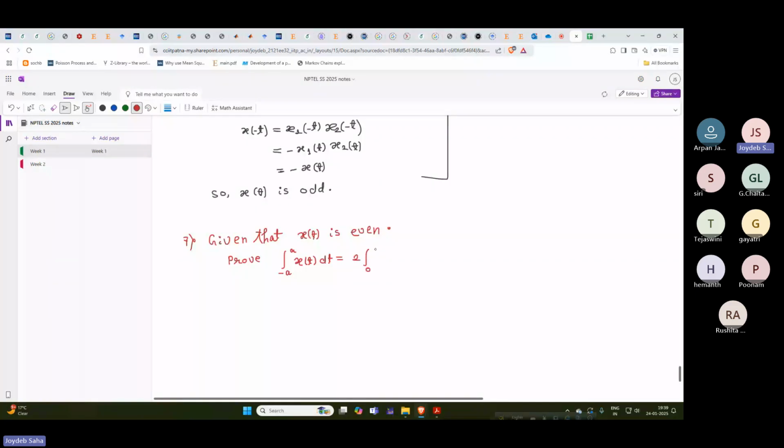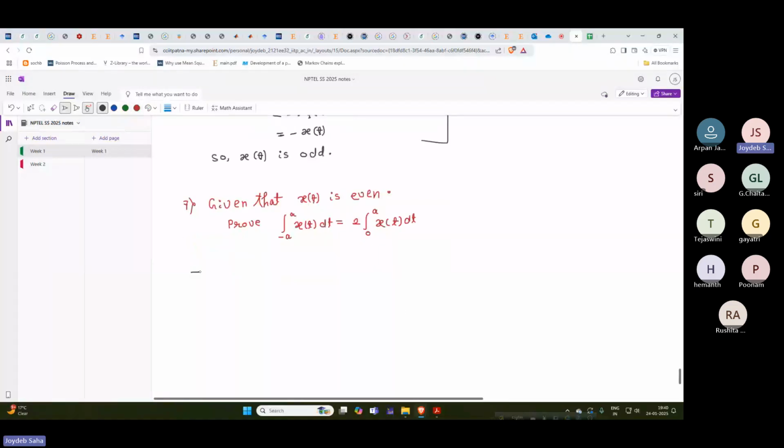This property you all know, but it can be proved using the property of even and odd functions. So let us prove.